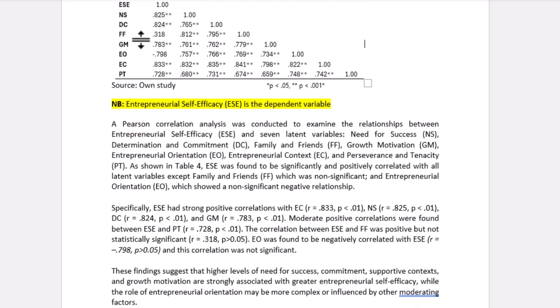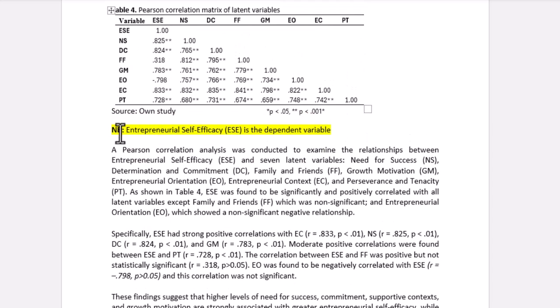Before we get into interpretation, we have an NB here: this variable ESE, which is the entrepreneurial self-efficacy, is the dependent variable.